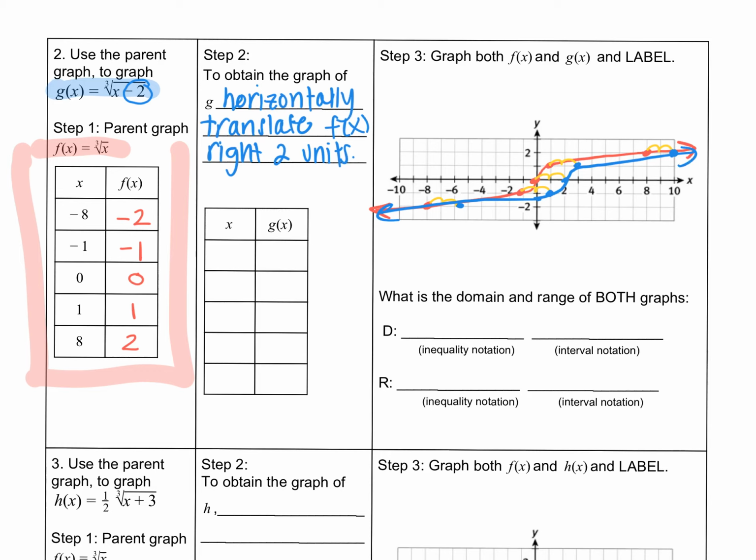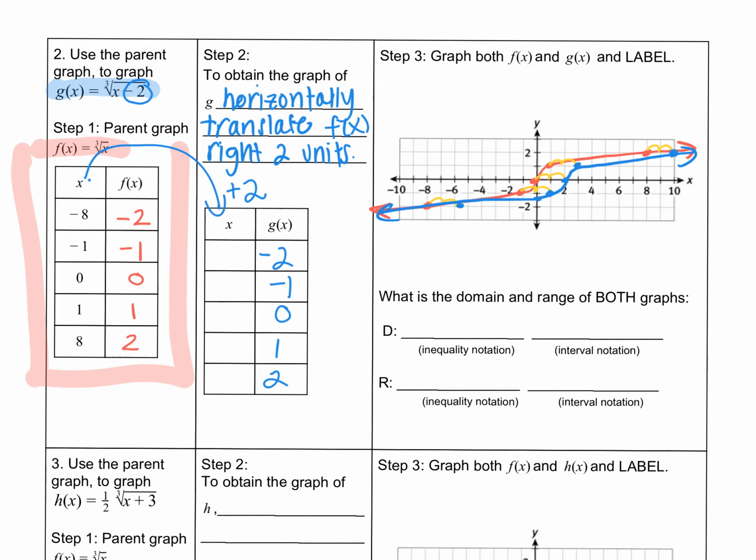So what happens when I move a graph to the right 2? What changes? Well, if I'm moving things left and right, it's only going to change the x's. It doesn't go up or down, so the y values are going to stay exactly the same as the parent. So I'm just going to copy those down. But the x values, if we're moving to the right 2, we're going to add 2.